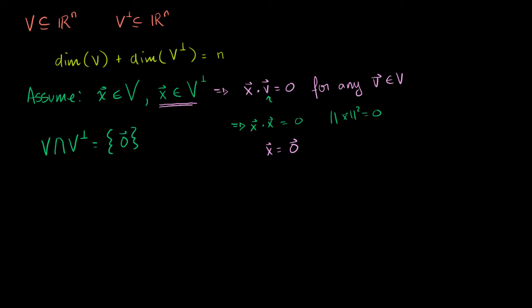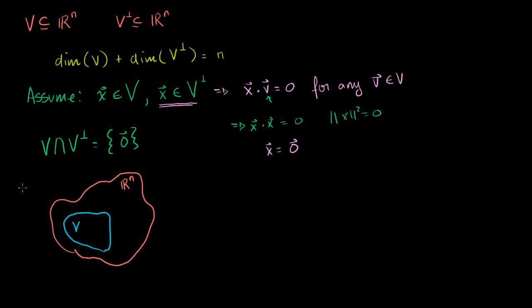So if I were to draw all of Rn like this, let's say that this is Rn. And let's say I draw the subspace V. Let's say it looks like this, this is V, my subspace V. And let's say I draw the orthogonal complement to V. Let's say it's all of these vectors right here. So this is V perp.